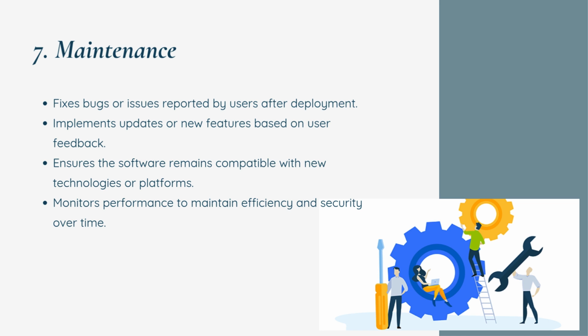Once the client starts using the developed project, the real issues come up and need to be solved from time to time. It implements updates or new features based on user feedback. It ensures the software remains compatible with new technologies or platforms. It also monitors performance to maintain efficiency and security over time.